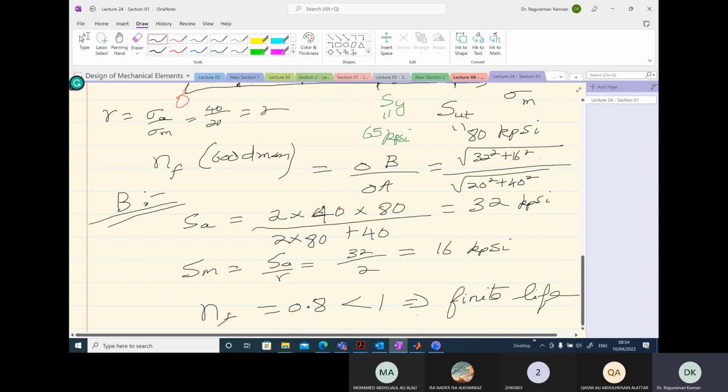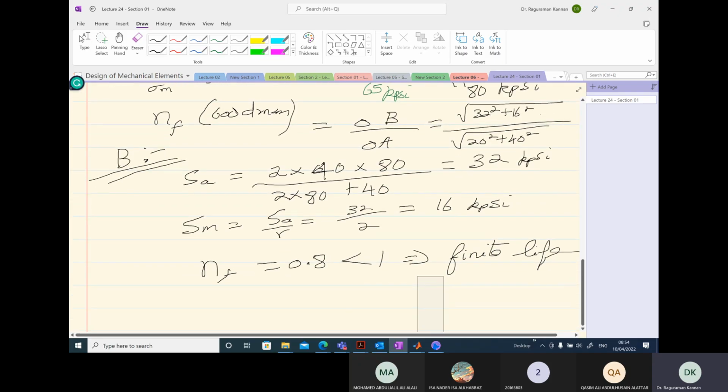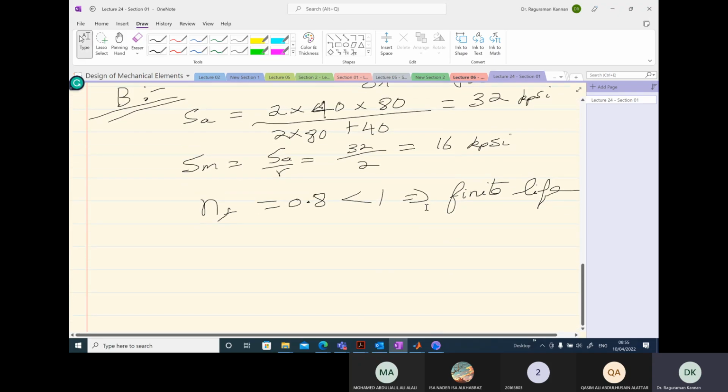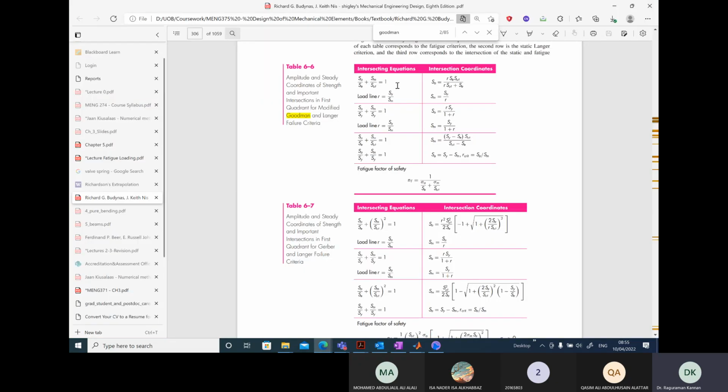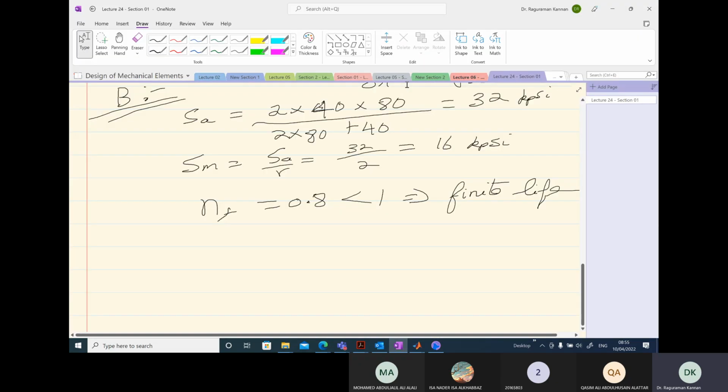By simply using the Goodman equation. What is the Goodman equation? Go back to the table. We have the Goodman equation here, Sa over Se. So we can write it as sigma a over Se.